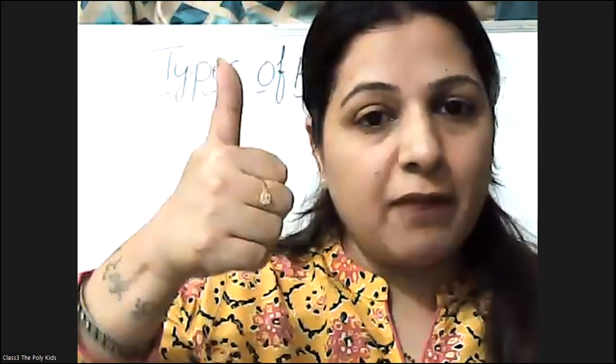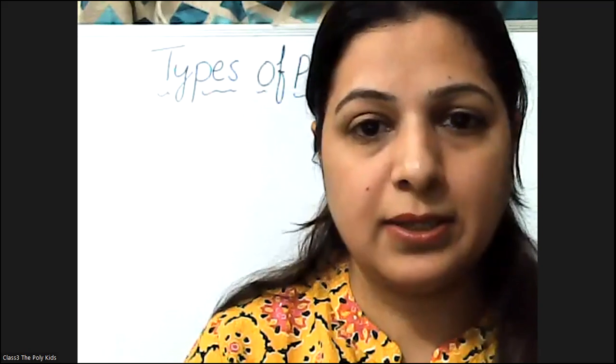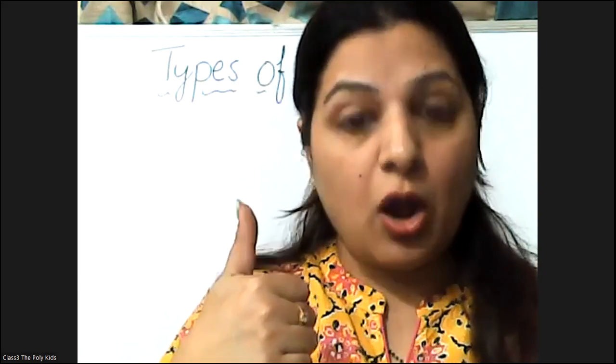Clear, everyone? I think there is some network issue with other 2-3 kids. Ma'am, we should not cut the trees and plants. Yes, we should not cut trees and plants because the main thing we get from them is oxygen.